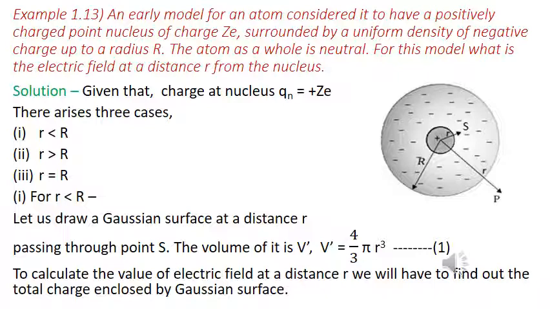Here it is given that the total charge of the atom is neutral. In this question we have to find out the electric field at some distance r from the nucleus.